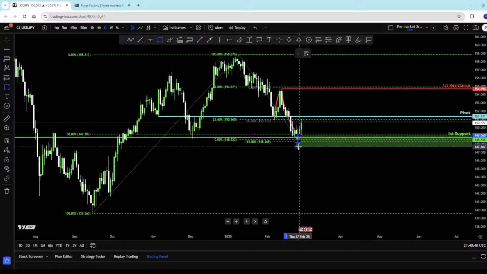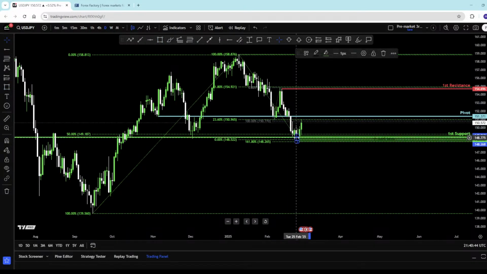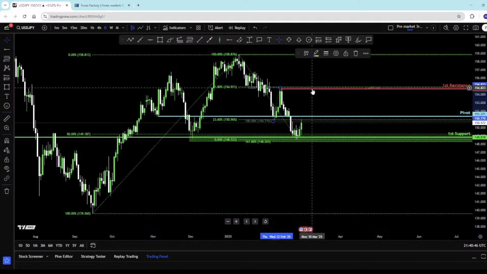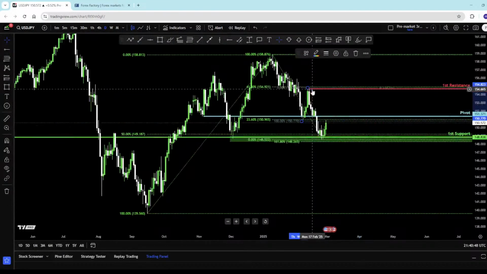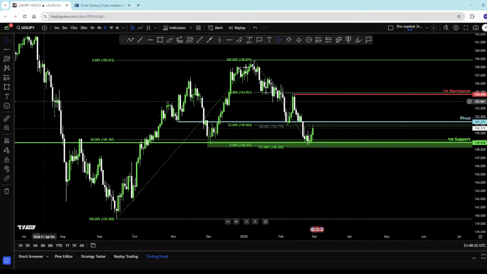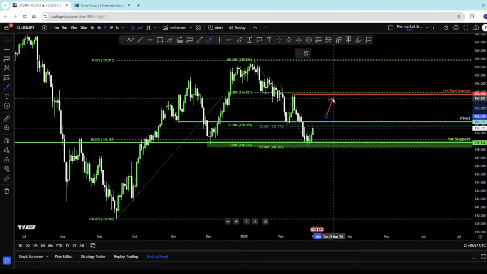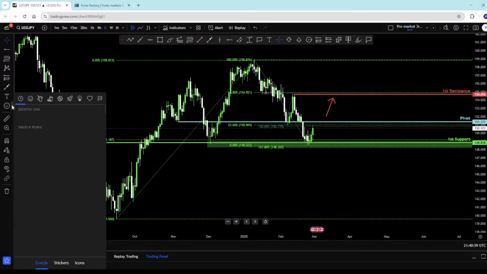So you can see our first support is quite a big confluence area. We have a bunch of swing highs and swing lows that line up there, and also a bunch of Fibonacci levels as well. So I'm expecting prices to bounce off a little bit towards our first resistance.